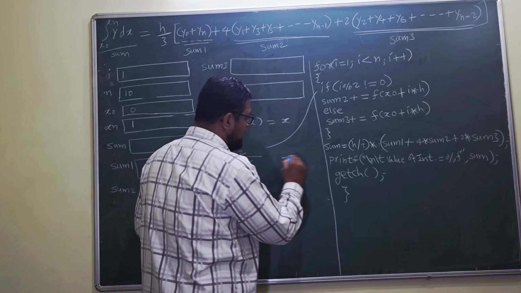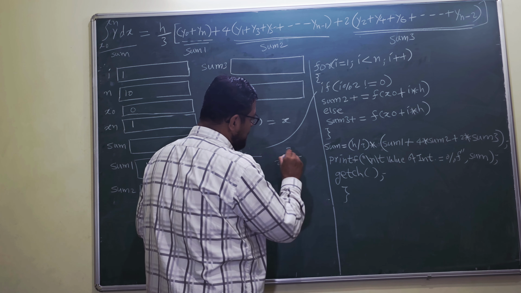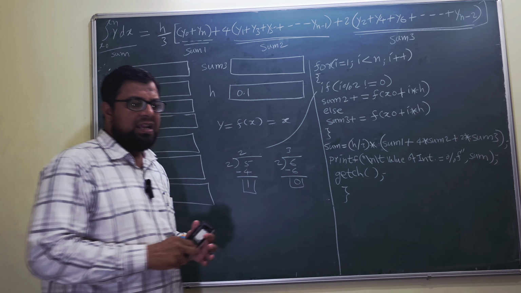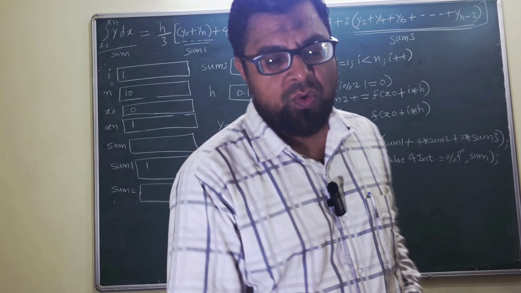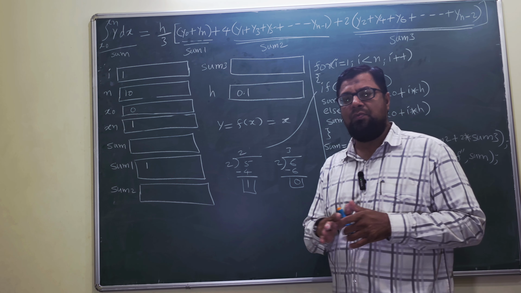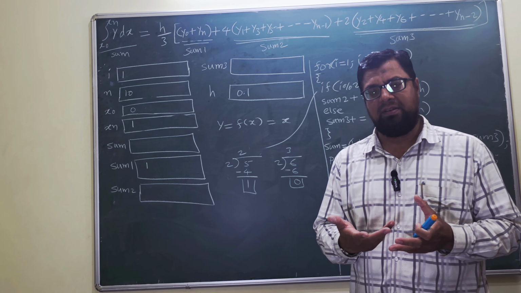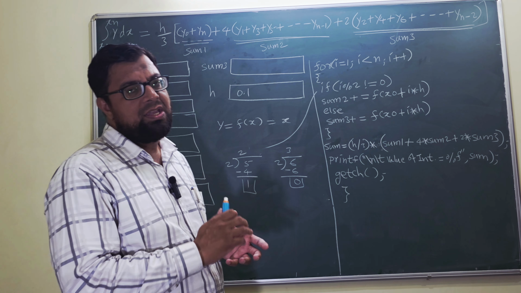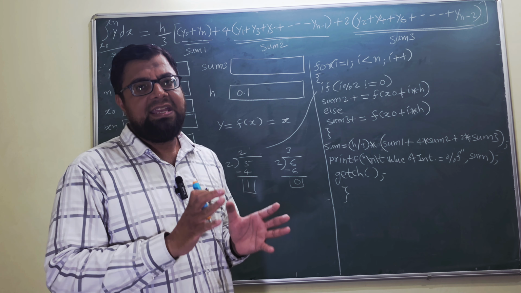Say suppose the number is 6. I divide it by 2. So it will give remainder as 0. So whenever we divide any number by 2, the value of the remainder will be either 0 or 1. There is no third possibility. Whenever the remainder is equal to 0, the number is an even number.